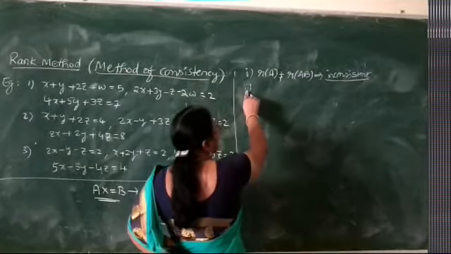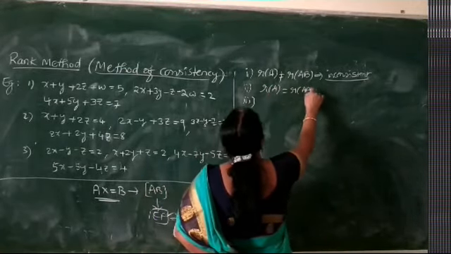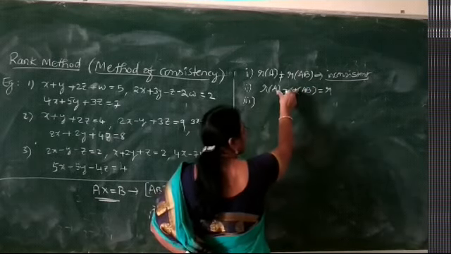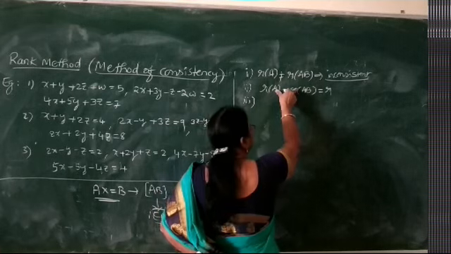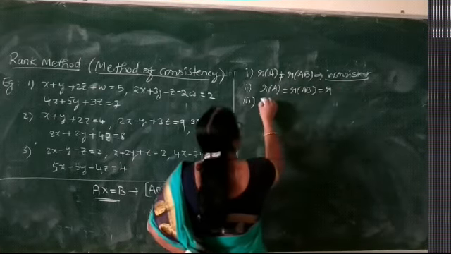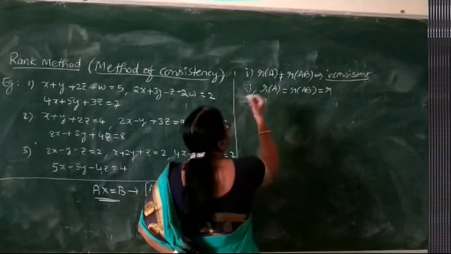The other possible case is that we may get the rank of A equal to the rank of AB, which is equal to the value r. If the two ranks are equal, they must be equal to some constant value r. Now this r value is compared with n, and we have two subcases.